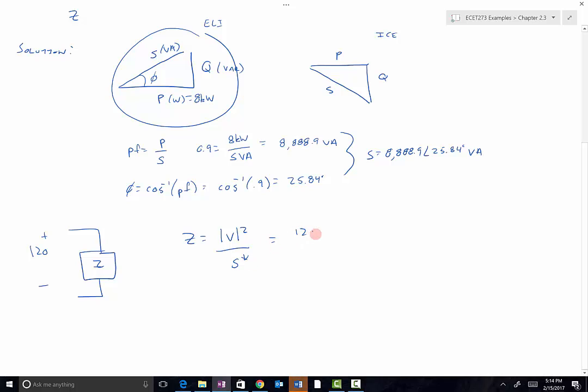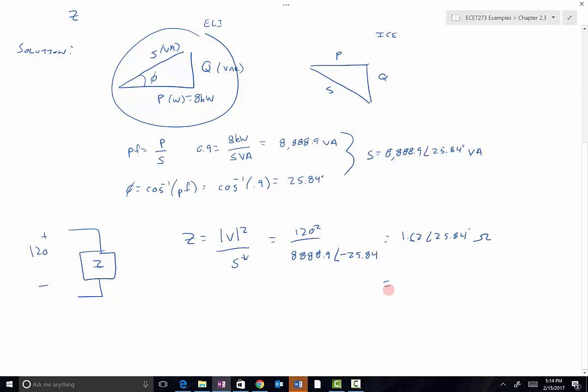So that's 120 squared divided by 8,888.9 at an angle of negative 25.84. And that's going to give me 1.62 at an angle of 25.84 degrees. And that's an impedance, so it's in ohms.